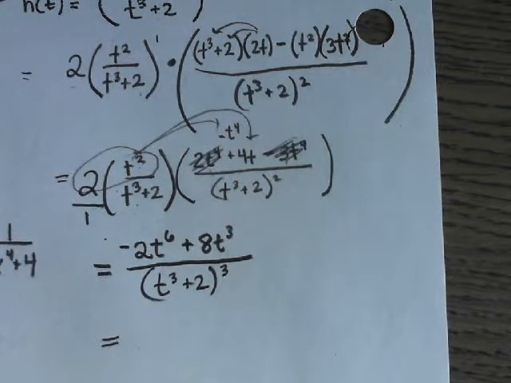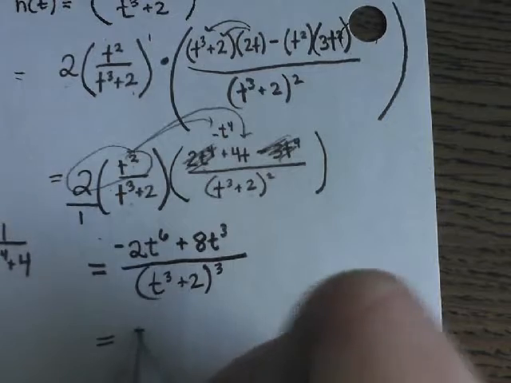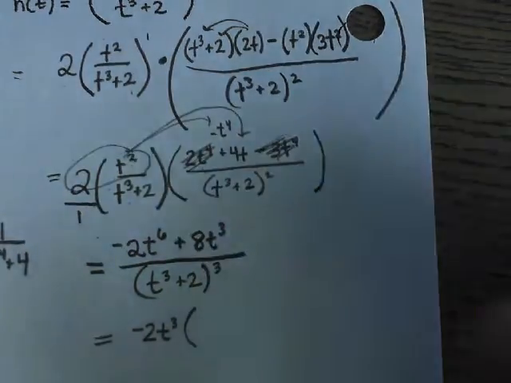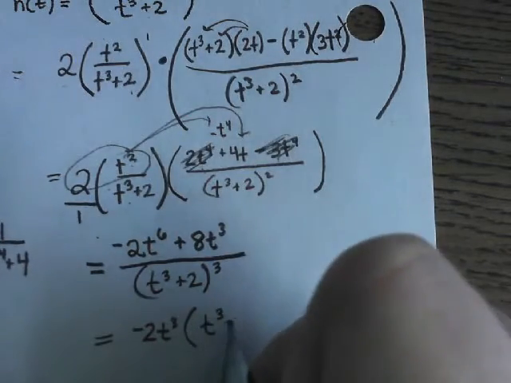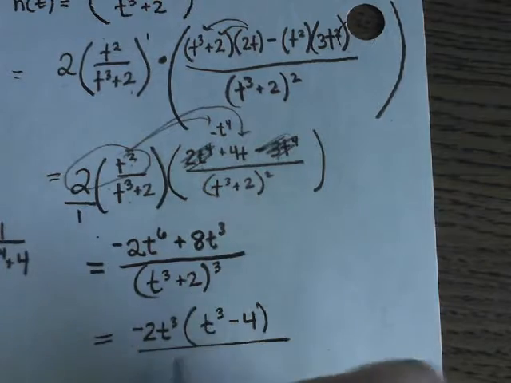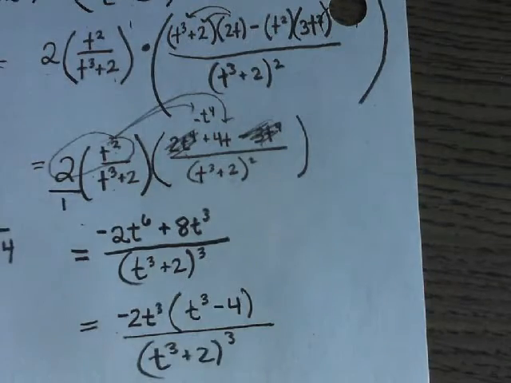I'm going to factor out a negative 2t to the third. That leaves me with t to the third minus 4. If I got lucky, it would have been a t to the third plus 2, so I could cancel it, but that's it.